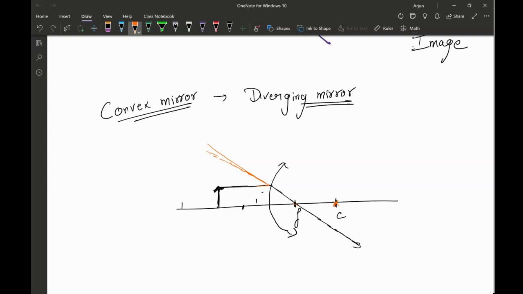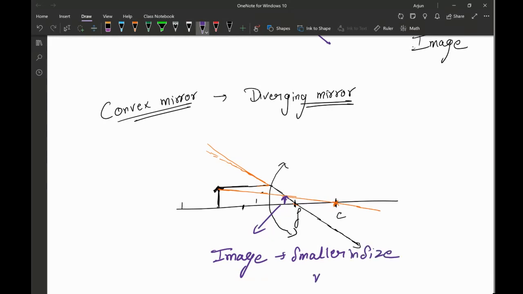And the second ray has to pass through the center of curvature. So the second ray will pass through the center of curvature. Where these two rays meet, I'll draw the image at that point. So this is where these two rays are meeting. So this is the image. It is smaller in size and virtual.